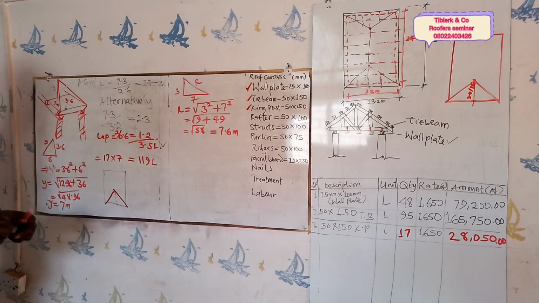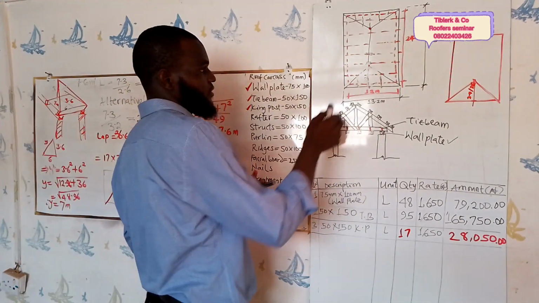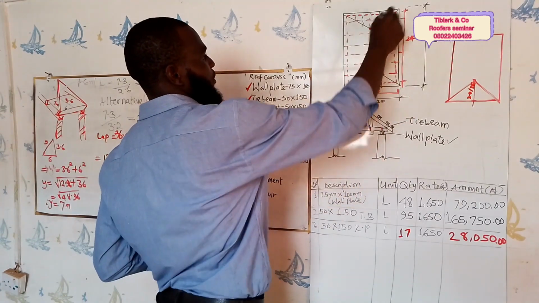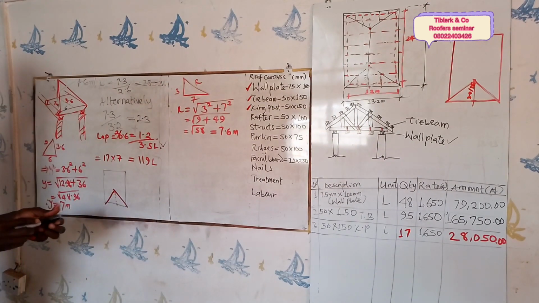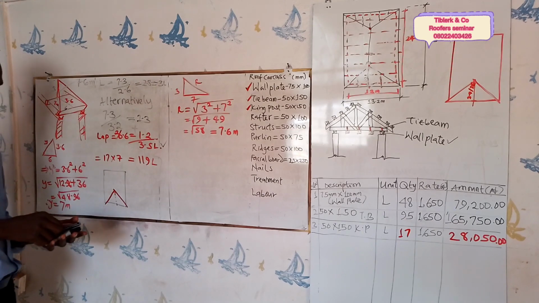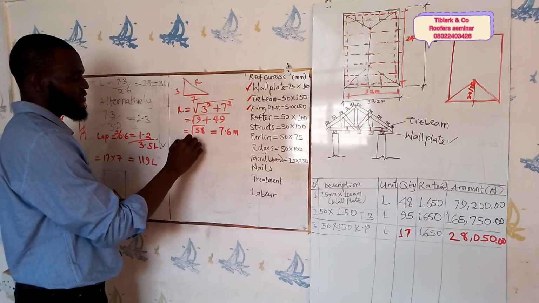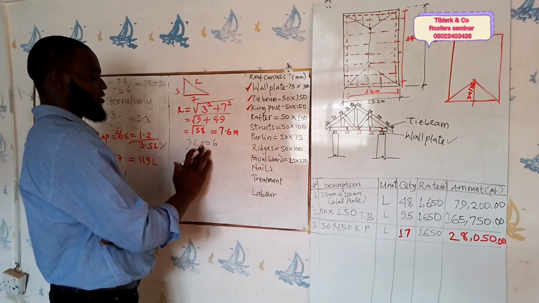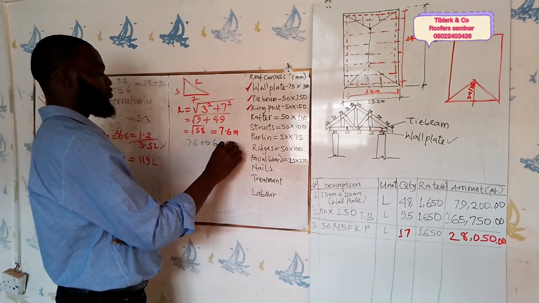And we have 4 of it. So what I'm saying is this: 1, 2, 3, 4. So before we move on, 7.6. Let's now determine the 7.6 plus 0.6. That will give us 8.2.